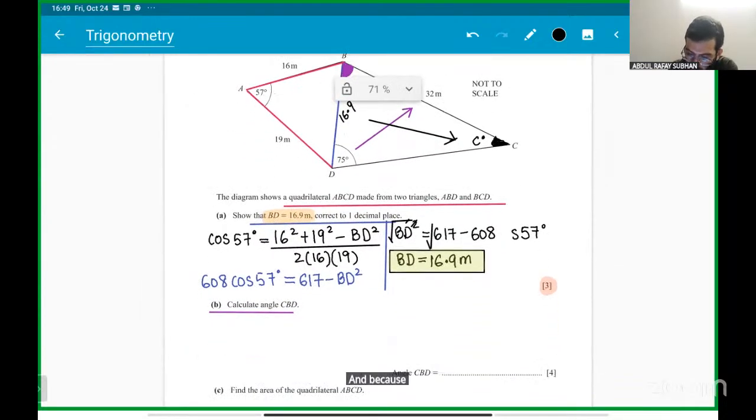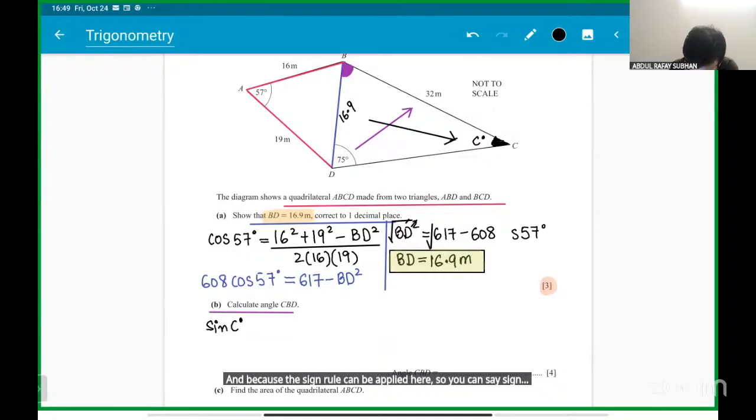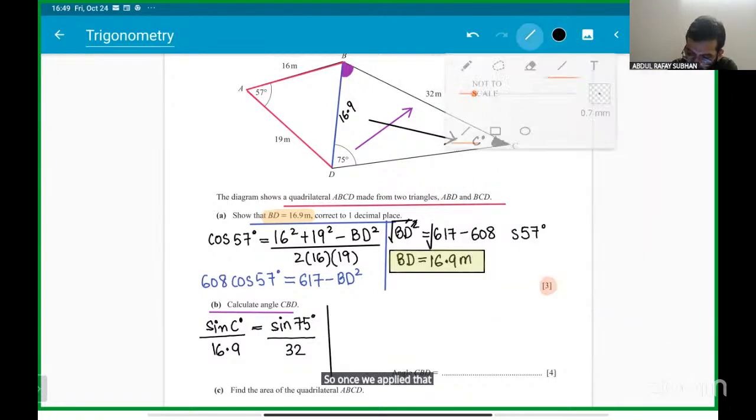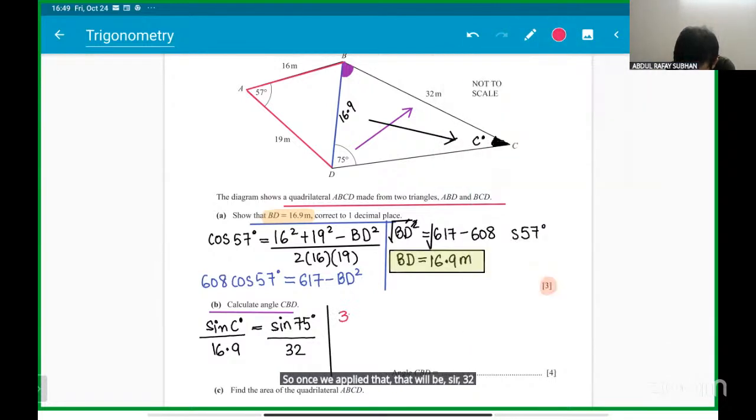Because the sine rule can be applied here, we can say sine C divided by 16.9 equals sine 75 degrees divided by 32. Once we apply that, 32 times sine C equals 16.9 times sine 75 degrees.